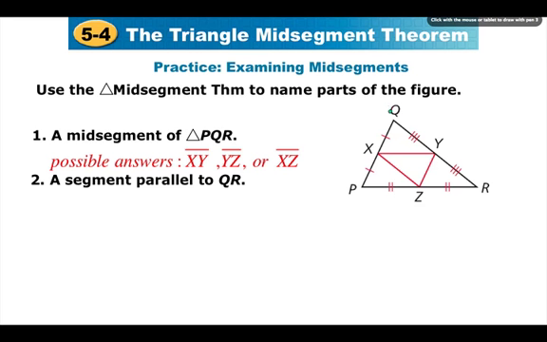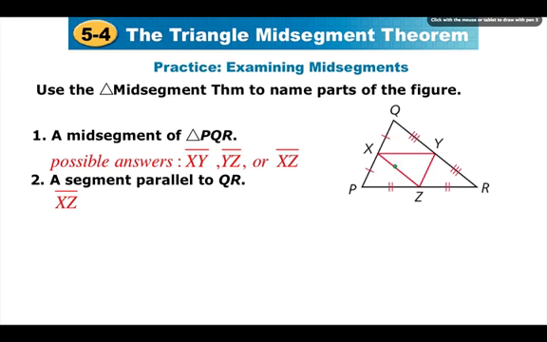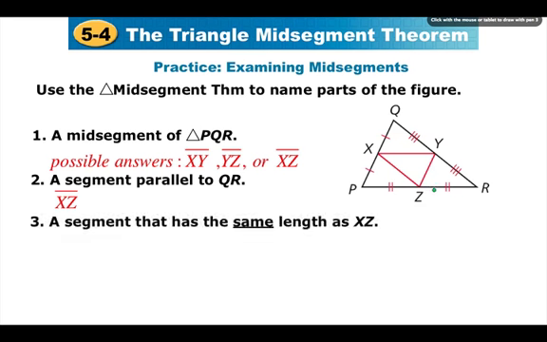Number 2, it says a segment parallel to QR. So here's QR. You want something parallel to this side, which is going to be XZ, right here, because you know that this mid-segment is parallel by the theorem you saw on the previous slide.